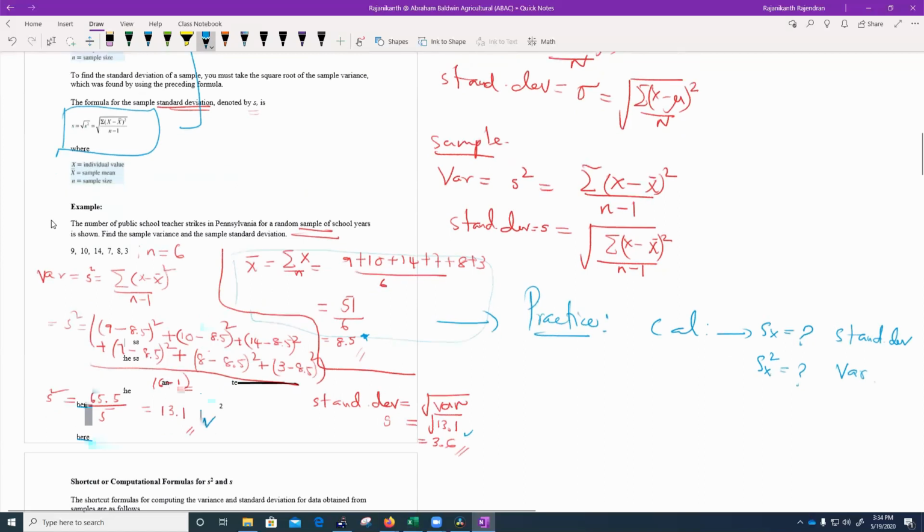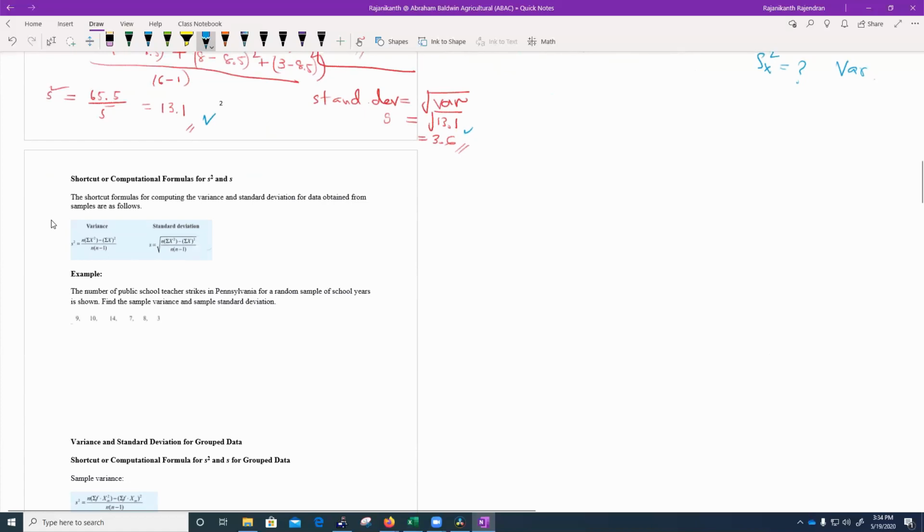But this formula has nothing about x bar, so you don't need to find it. You only have to use the data values. x stands for your data values. So first find the square of your data values, then add them, then add the data values, then find the square.